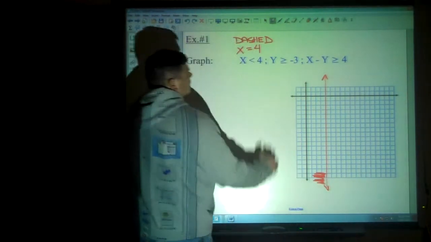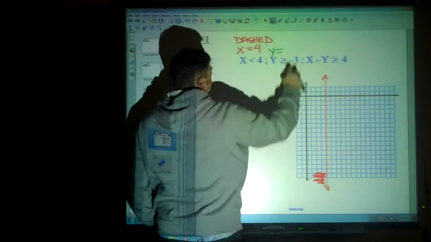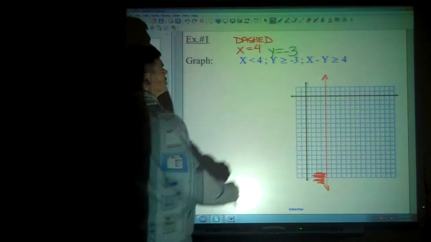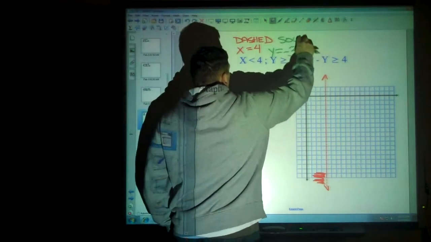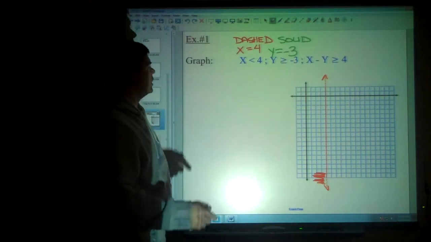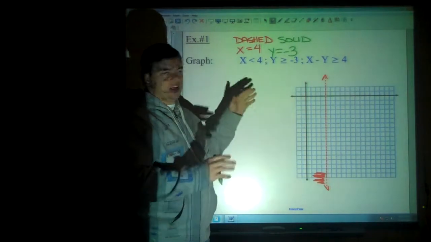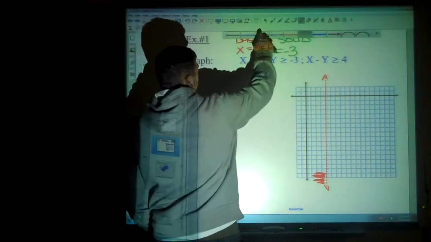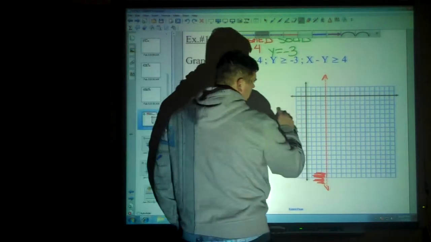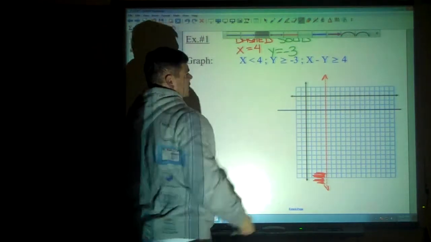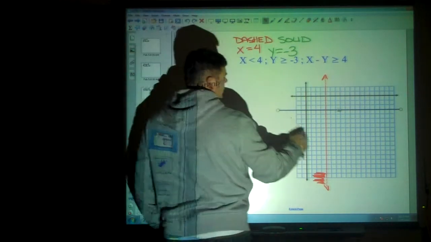Now the next line, I'm supposed to pretend like it's y equals -3, which in this case is a solid line because of the "or equal to." And I also know it's horizontal. So I have a horizontal line because it just has y that is solid, that's going to be crossing at -3. -3 is right here. So I've got a solid line there.